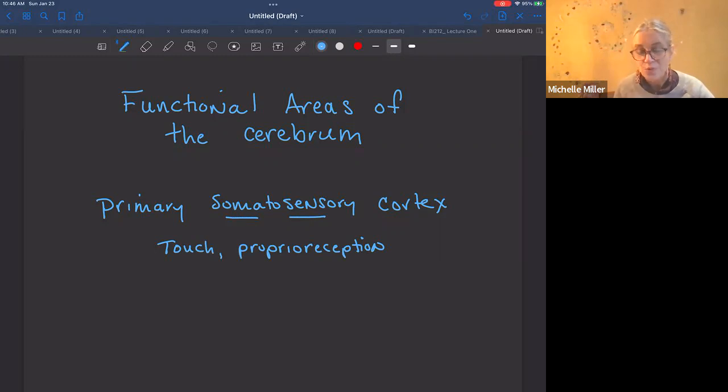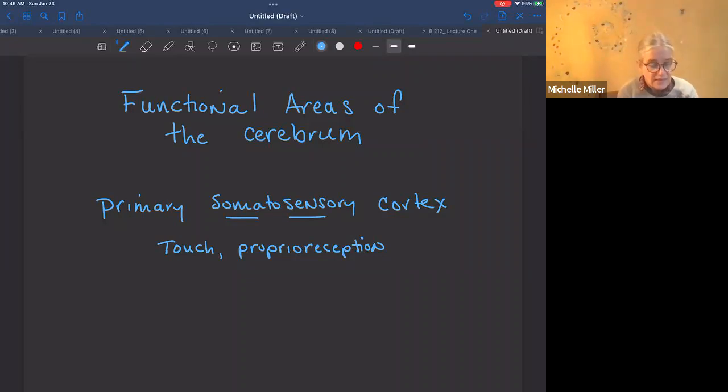So if I touch a part of my body, like my arm, then that can send an action potential up the nerve into my spinal cord and then up to my primary somatosensory cortex, and it actually crosses over so that my touch on my left hand goes to my right cortex, and then I can consciously sense touch.